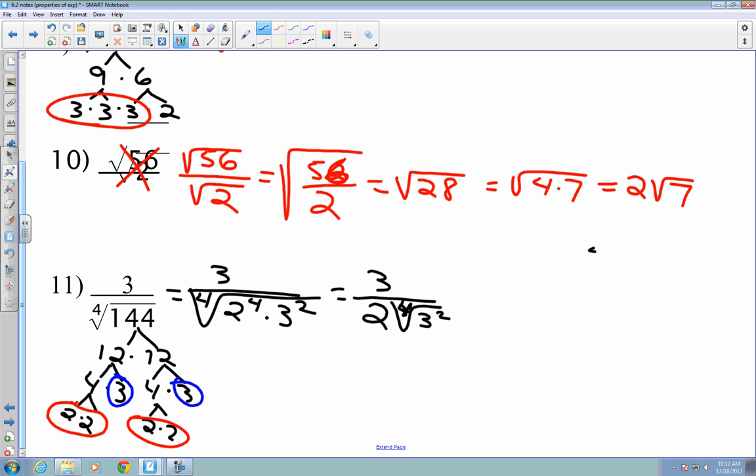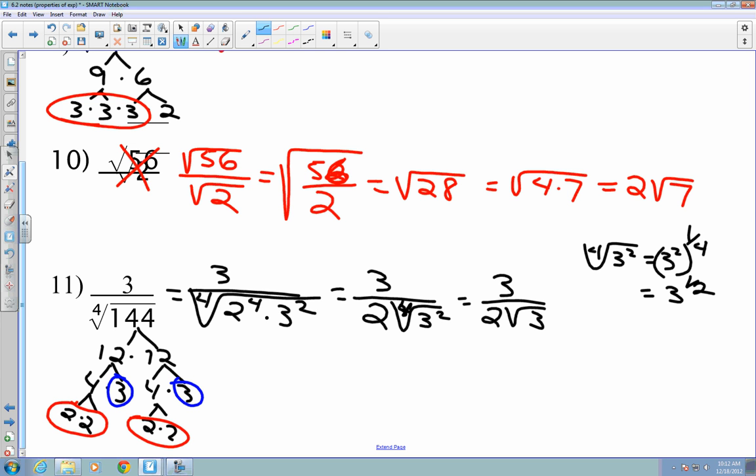The 4th root of 3 squared is the same as 3 squared raised to the 1/4 power. So what's the exponent of 3? 2 times 1/4, which is 1/2. So this is 3 to the 1/2. So the 4th root of 3 squared is the square root of 3.